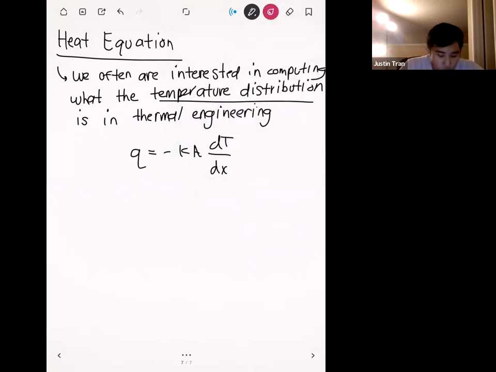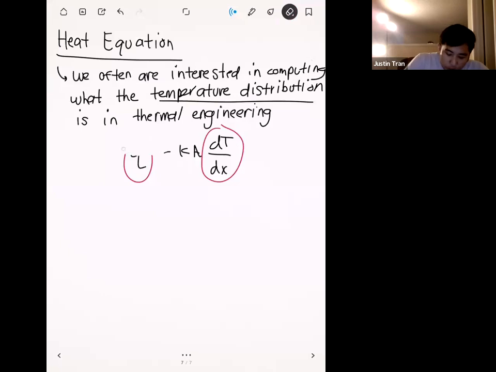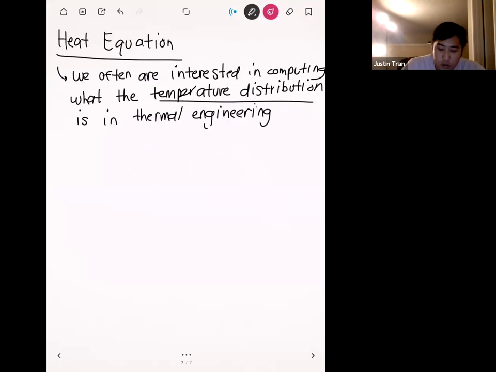Because if you don't know what the temperature is, then you can't compute this. Or you can't plug in for this, right? And if you don't know what the temperature distribution is, you can't compute Q either, right? And so the way that this equation is structured makes it a little bit difficult to actually solve for temperature, right? And so for that reason, a lot of times we actually use a different formula to compute temperature, and that's what's known as the heat equation.